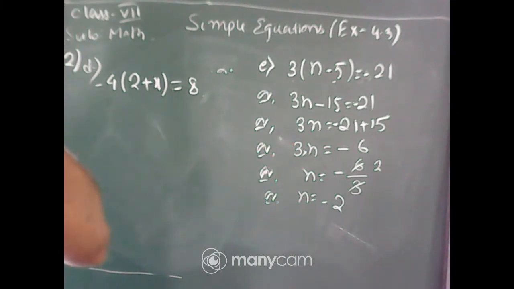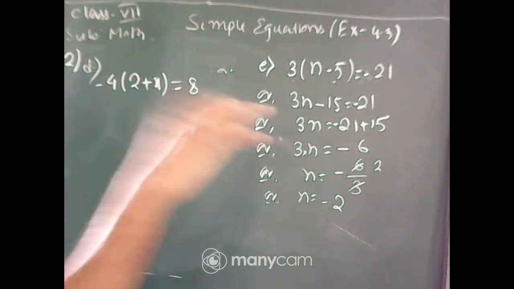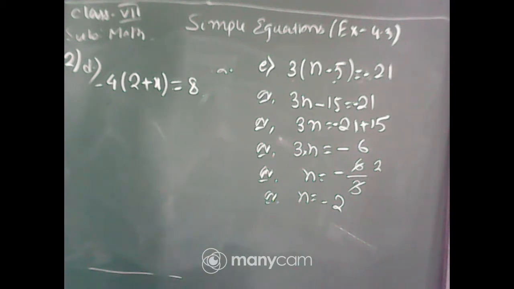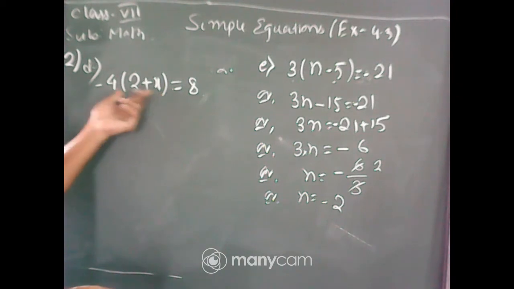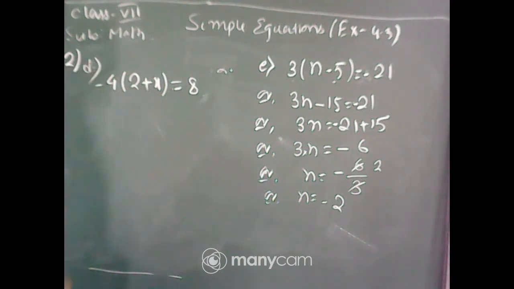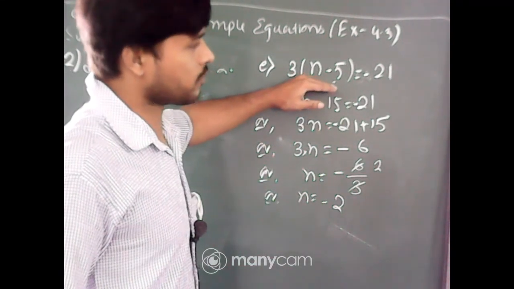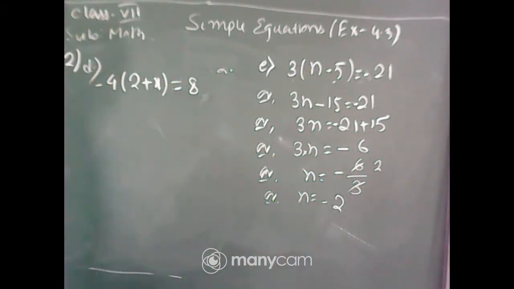Just tell me in the comment section. What will be the result when you multiply x plus 2 by minus 4? We'll follow the same step as we have done in the previous question. We'll multiply each term of the expression within the bracket by minus 4.